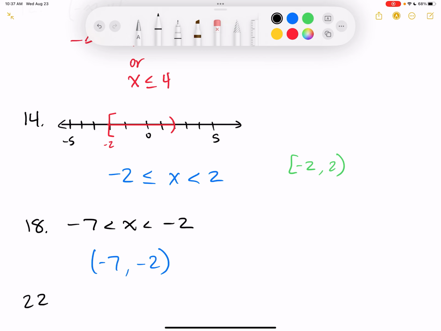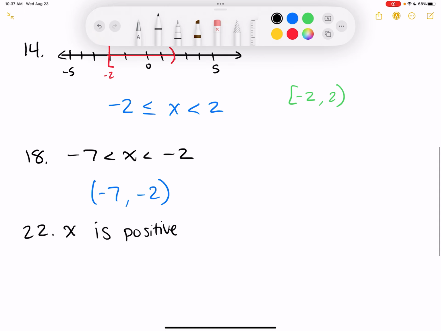This next one is going to require us to infer a few things. It says x is positive. So what does that mean? It is greater than 0. So how would I write that? These problems are still interval notation.